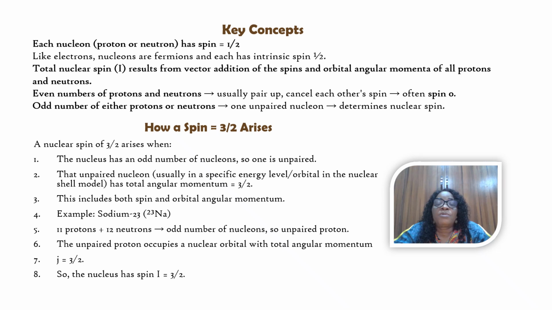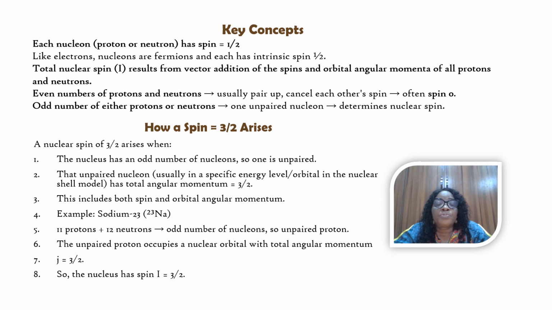How a spin of 3/2 arises. A nuclear spin of 3/2 arises when the nucleus has an odd number of nucleons, so one is unpaired. That unpaired nucleon, usually in a specific energy level or orbital in the nuclear shell model, has total angular momentum of 3/2.